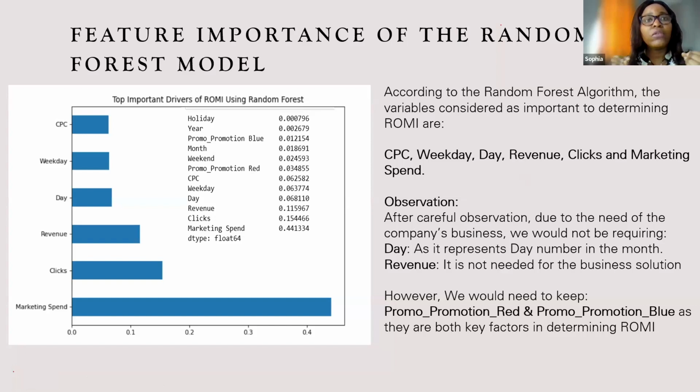Even though the model gives you the feature importance, we could also look into the features and ascertain if they are still necessary for the project. So after careful observation, we realized that this day feature, which random forest said was needed, might not really be necessary, because we could also extract the day feature from the weekday.